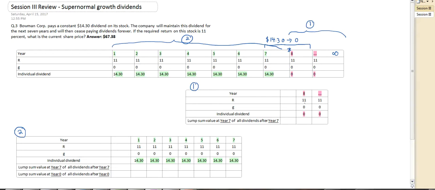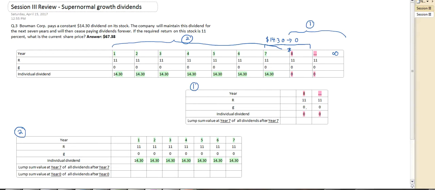And the information that we have for cash flow at year 8, 9, 10, 11, until infinity is that the required return is 11%, and the growth is 0% because it said that after year 7, the dividend changed to 0, and then it ceased with that 0 afterward.